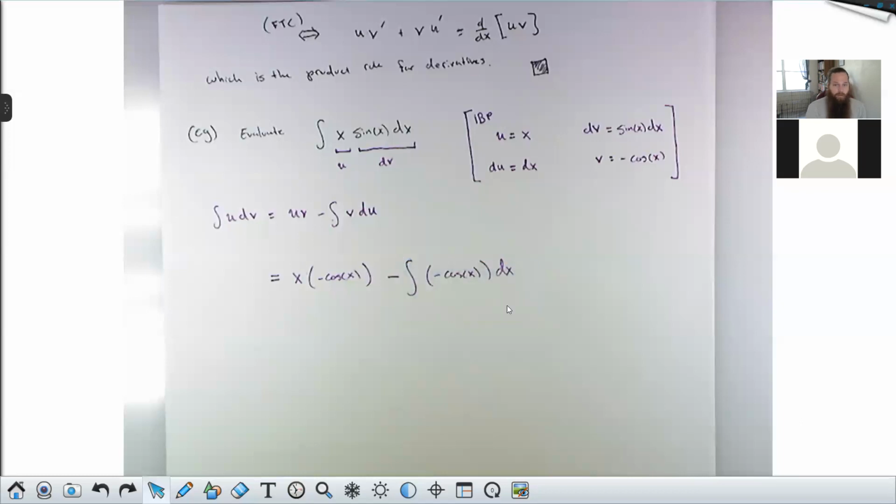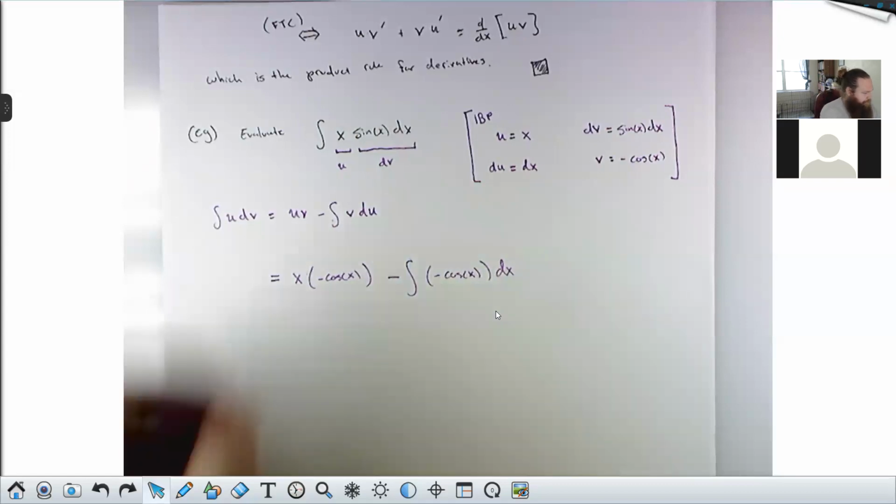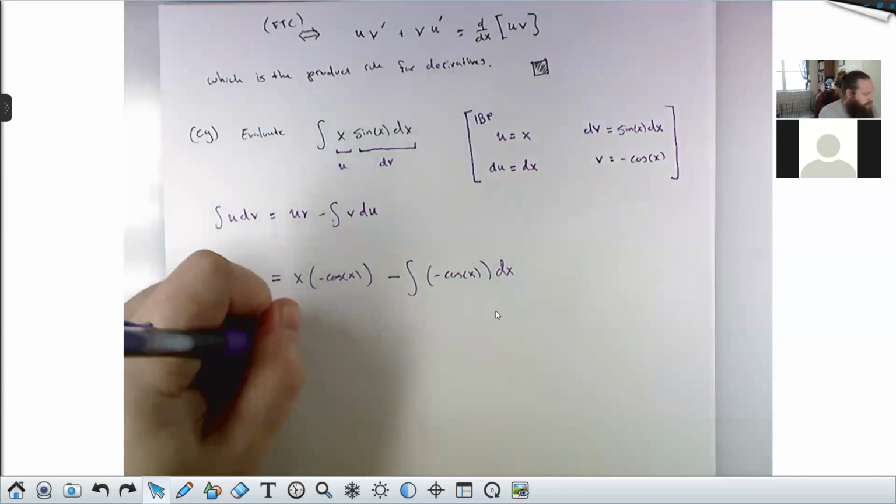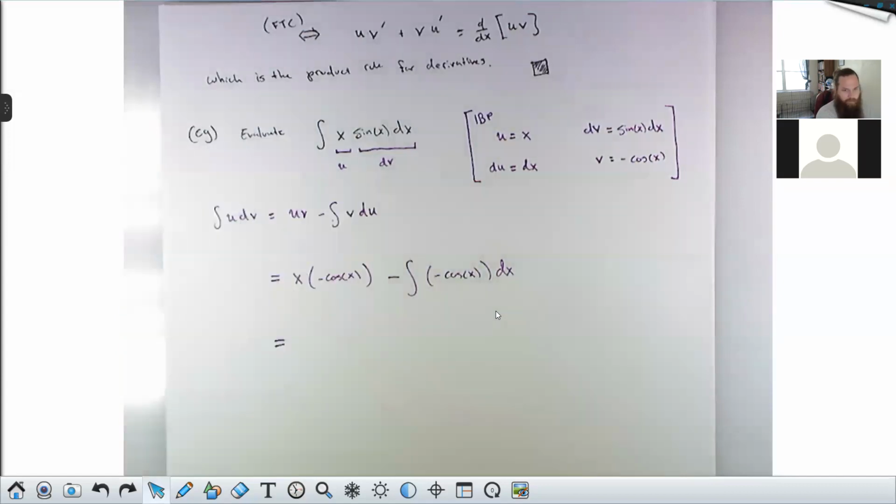And the hope is that this new integral is easier than the original integral. If the new integral is harder than the original integral, you've done something wrong. You've chosen u and dv poorly, or maybe integration by parts just isn't the method for that problem. But if you've chosen u and dv wisely, and the integral is amenable to integration by parts, then this integral will be nicer than the one you started with.